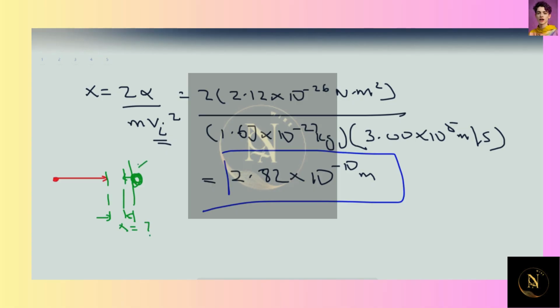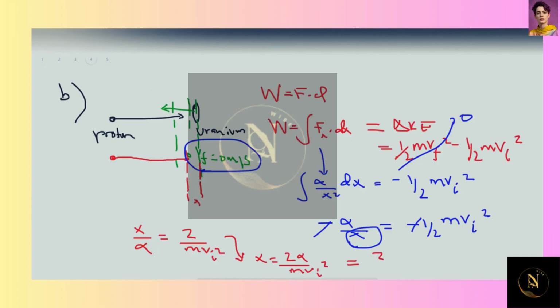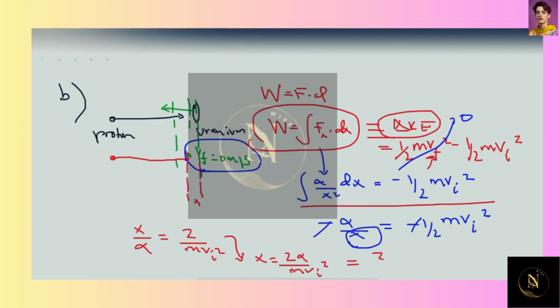We know the force produces some type of energy, and that's why there's a relationship between the work done by the force and the change in kinetic energy. The final velocity is 0. It gives us a relationship where we still need to find the integral. We find the integral, there's a negative here, and we simplify the problem.